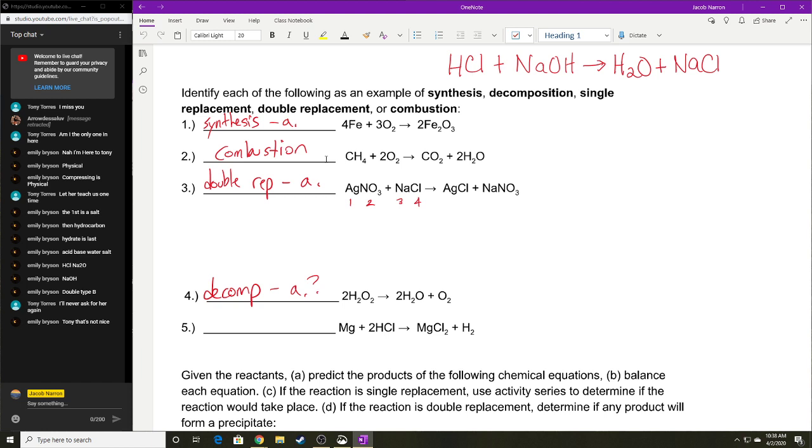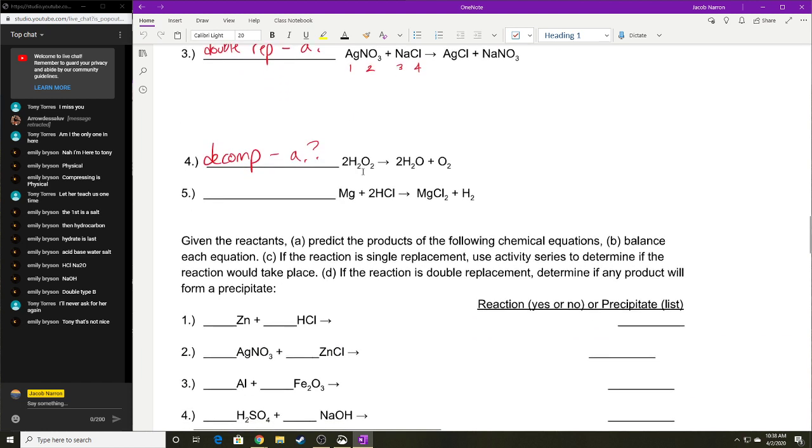I'm not sure why Perugini picked that. It's not a specific type. H2O2 goes to H2O plus O2. Because this would look like a metal, you know, a hydroxide. I would say a binary, but it would have been H2 plus O2. Yeah, I think Perugini made a typo. Doesn't matter. Let's look at number 5.